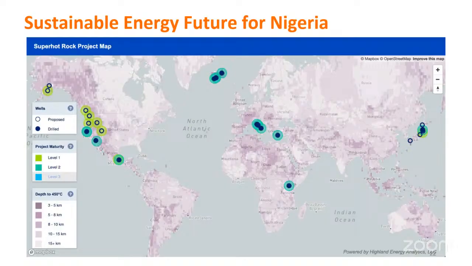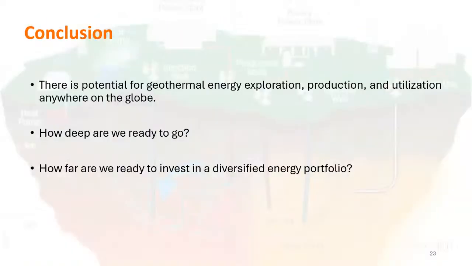You can see on this map where they have geothermal projects, EGS and AGS projects around the world. We need a dot somewhere in Uganda or somewhere in Nigeria. You can see Kenya is at the forefront of it in Africa. So we can do more, we can do better. It's just a question of how deep we can go and how far we're ready to invest our time, our energy, and our money to explore geothermal energy.